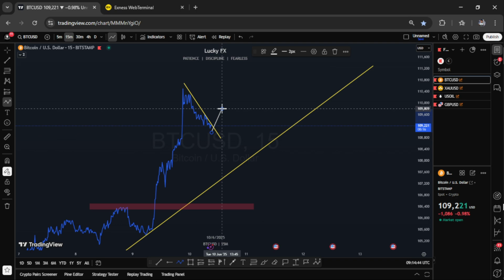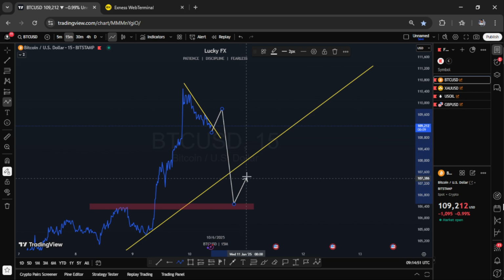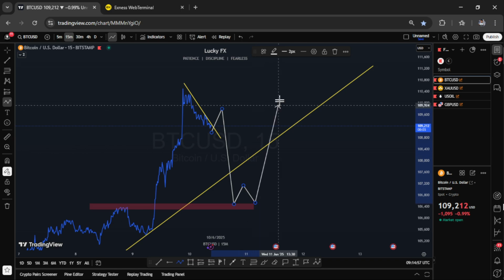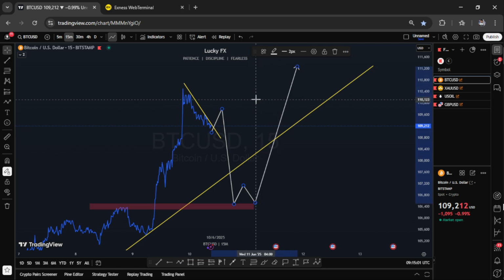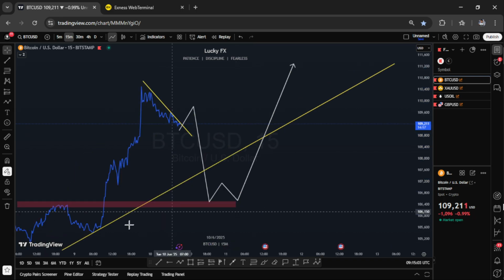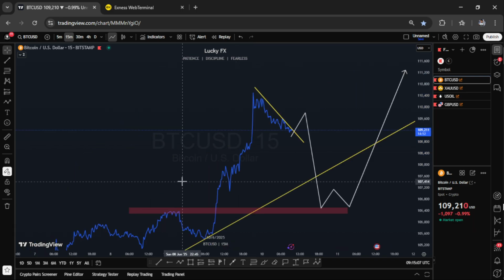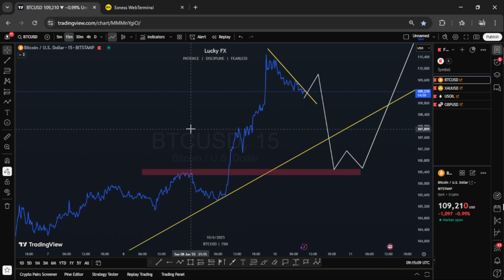I sell all the way to this side, and from this side I wait for a candle, a trend break, right? I wait for a trend break and then continue with the original buy trend, right? So that's what I'm actually waiting for now.